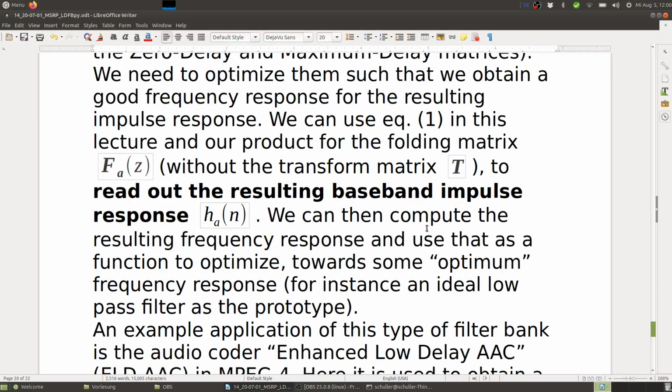Yeah, so we can then compute the resulting frequency response and use that as a function to optimize towards some optimum frequency response. For instance, an ideal low-pass filter as a prototype. So that's actually the typical thing you would do. So you would have as a target an ideal low-pass filter for the prototype and then see how close you can get to it using the coefficients of this cascade.